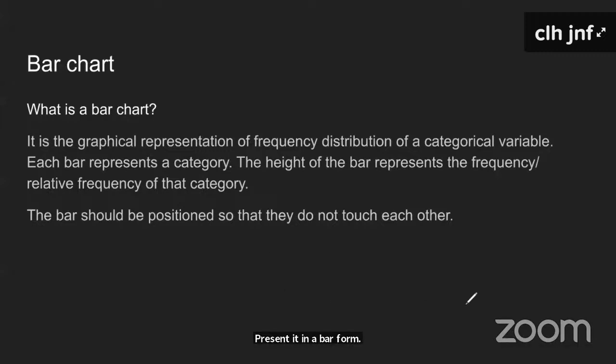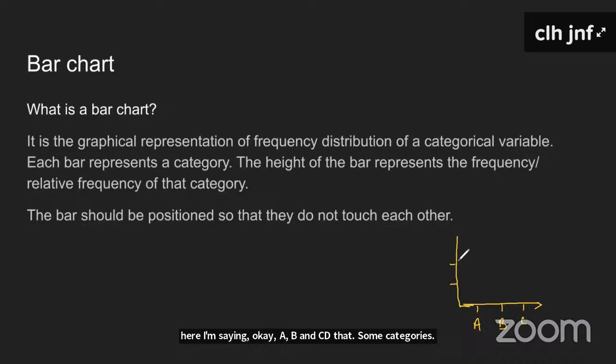We used to plot the category versus count or frequency, right? And it was very simple. If here I'm saying A, B, and C are some categories for a particular data set, and there are some frequencies given for them, then we will have a graph like that.